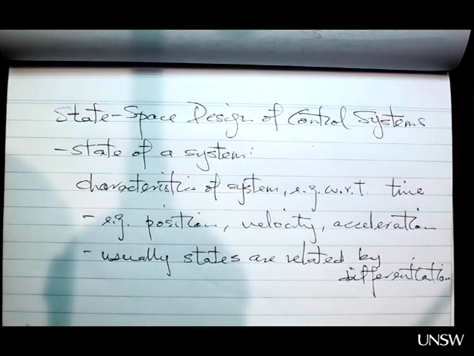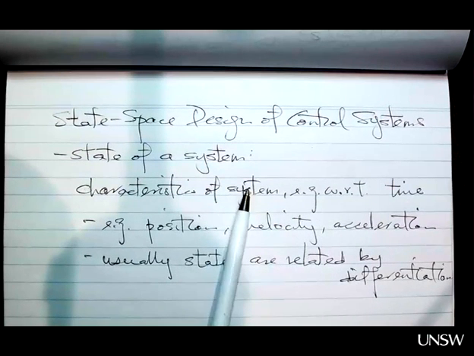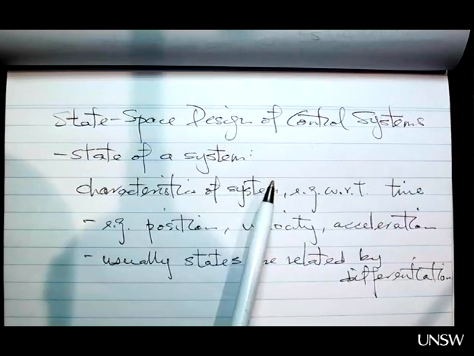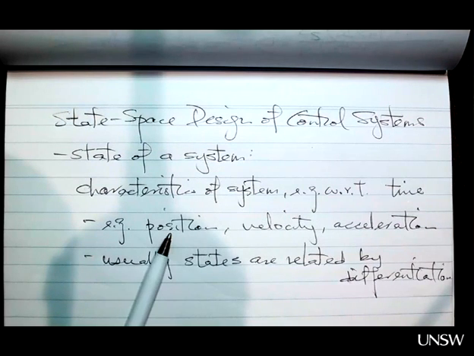The position, velocity, and acceleration describe the characteristic of the state. For example, you're driving a car, so where your car is, is the position. And then how fast you drive is the velocity, and then the acceleration, that if you have to go upslope or you're going downhill, the velocity changes against time.